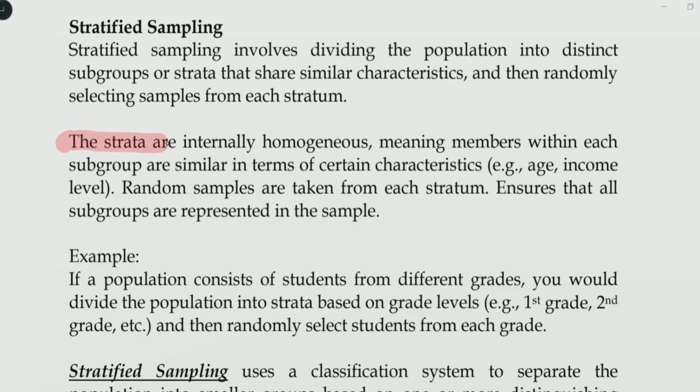The strata are internally homogeneous, meaning members within each subgroup are similar in terms of certain characteristics, for example age, income level, etc. Random samples are taken from each stratum, which ensures that all subgroups are represented in the sample.